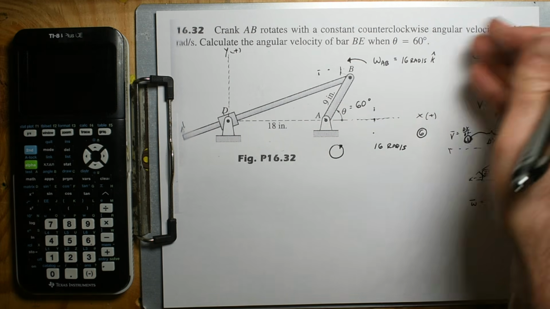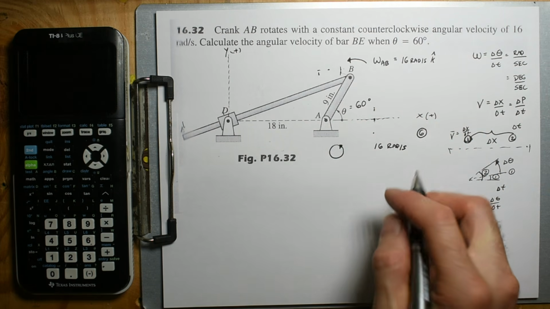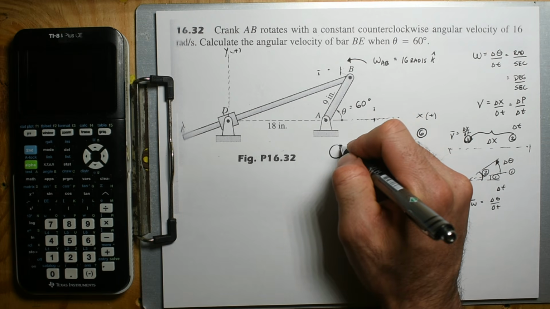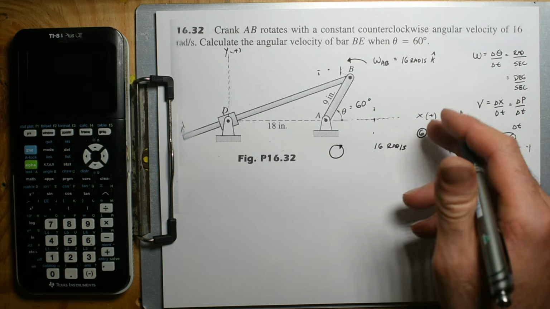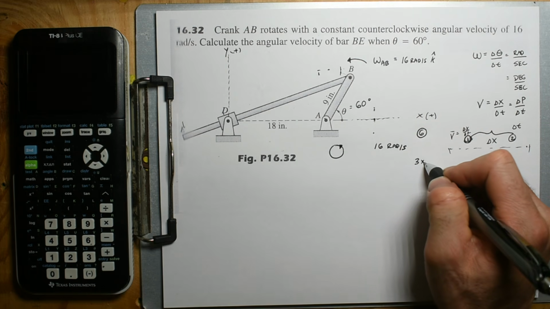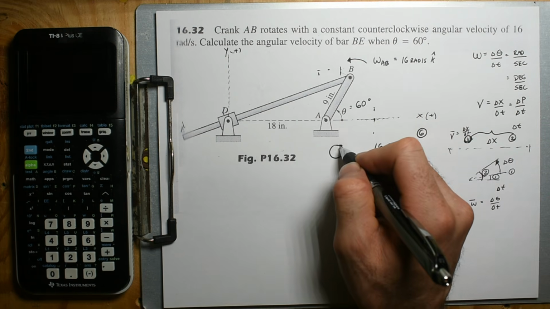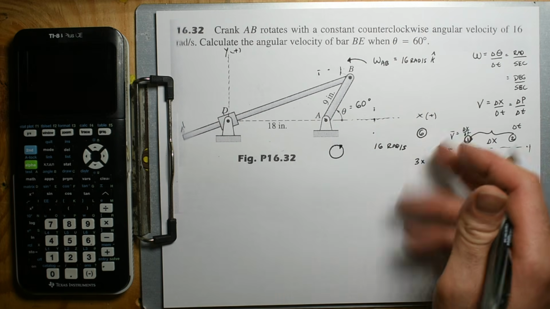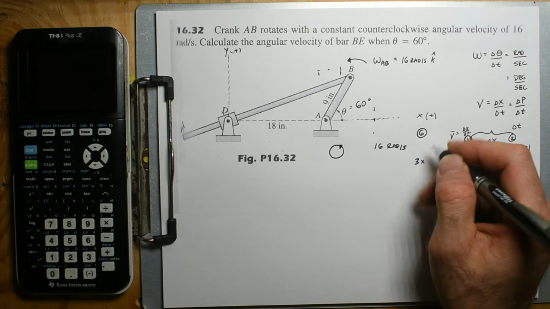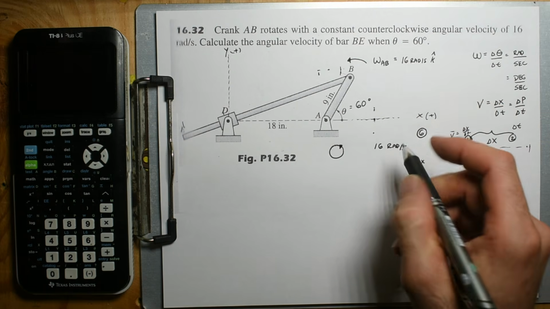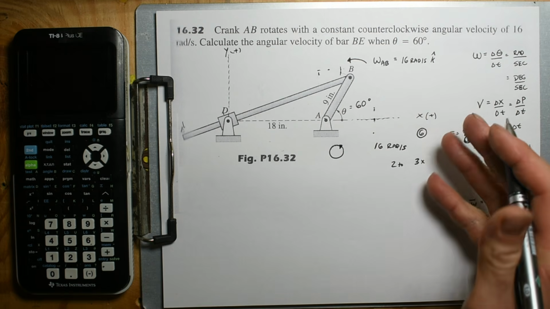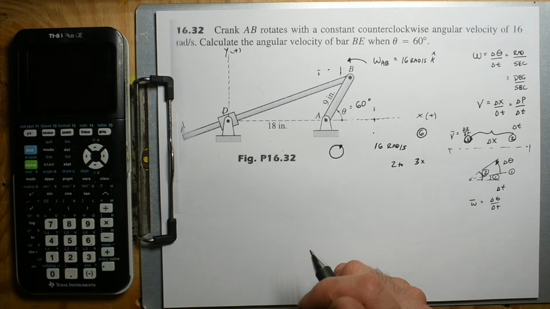So for some of these fast spinning problems, let's say 18 divided by 6 is 3. This thing's spinning like 3 times. And 6 times 4 is 24. 6 times 3 is 18. 6 times 2 is 12. So this thing's spinning between 2 to 3 times per second. Good to know.